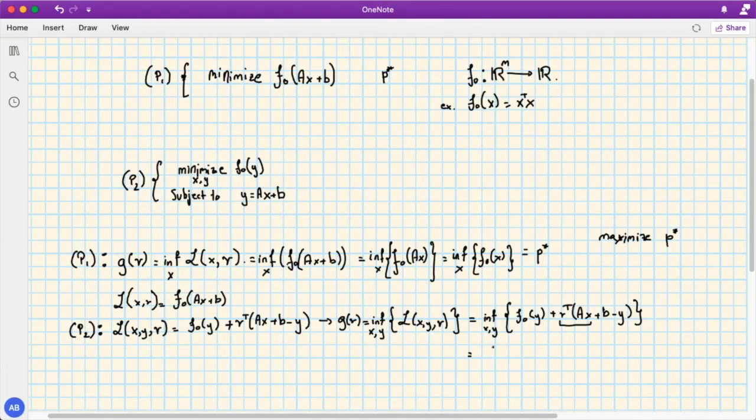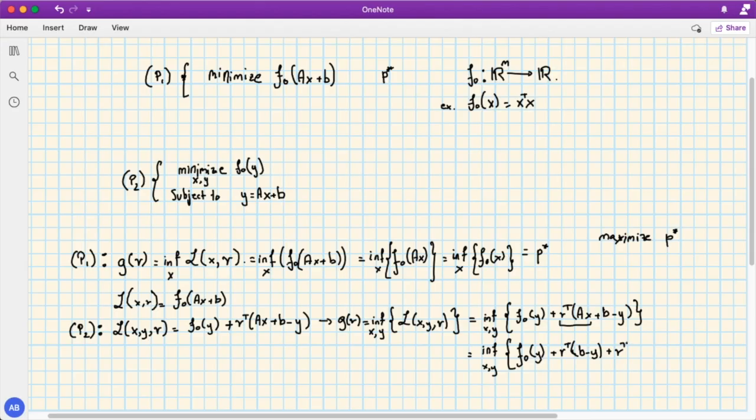Well, first of all, what is the infimum over x? Let me write this in a more friendly way. First, let me expand this. So the infimum over x, y of f0 of y plus nu transpose, and I'll leave b minus y post-multiplying nu transpose. So I have my b minus y over here, and I'll isolate this term, nu transpose Ax.